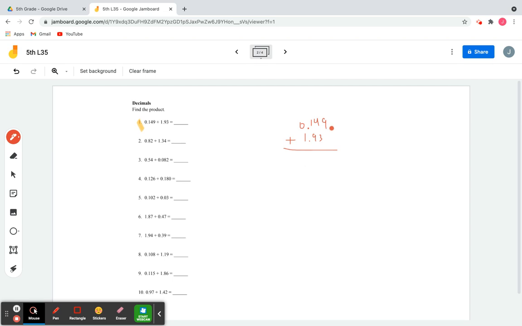I'm going to add the numbers by order. So there's nothing here, so just 9. And then 4 plus 3 is 7. And then 1 plus 9 is 10. So I'm going to write 0 here. And I'm going to move the 1 over here. And then the decimal point should be here.